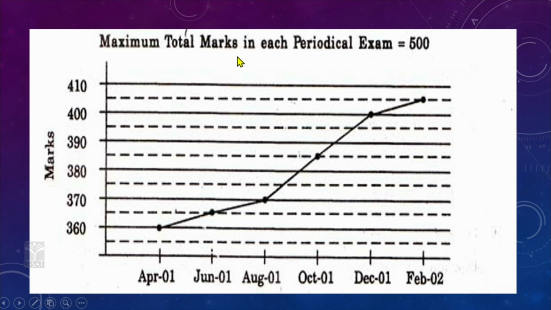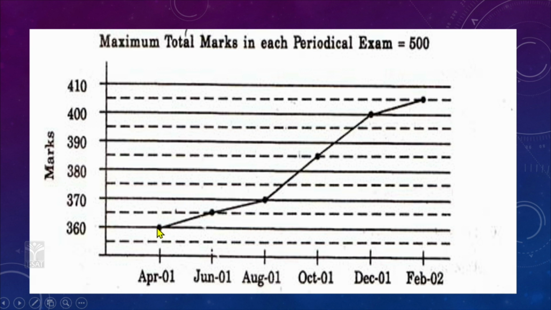So here the maximum total marks in each periodical examination is 500. In April 1st we got around 360 marks, and in June 1st it is approximately 365, in August 1st it is 370, in October 1st it is around 385, in December 1st it is 400, and in February 2nd, of course February 2002, it is 405.